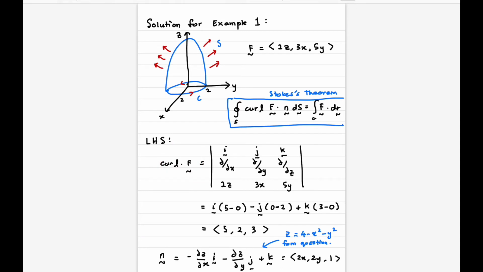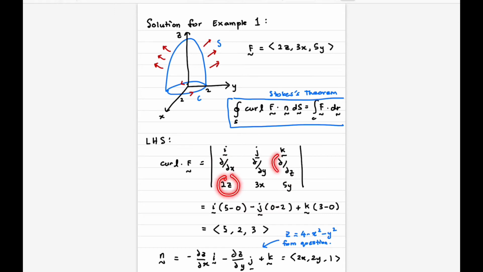For the first component i, you need to differentiate 5y with respect to y, so you get 5, minus the differentiation of 3x with respect to z, so you get 0. Similarly, minus j, differentiate 5y with respect to x, you get 0.